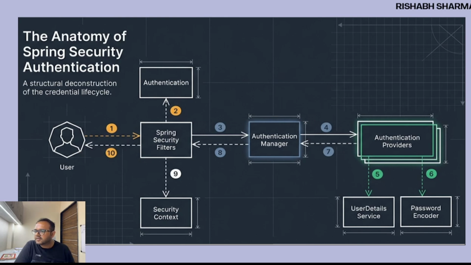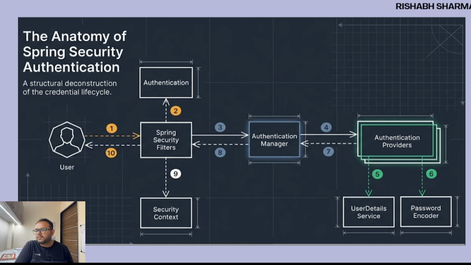There are six major components involved. First one is the user, then security filters, authentication manager, authentication provider, user detail service, password encoder, and security context.